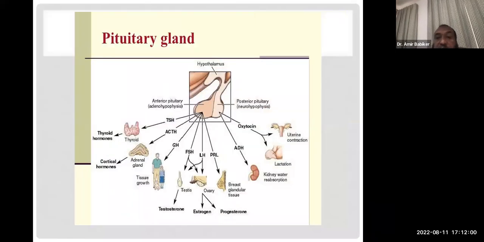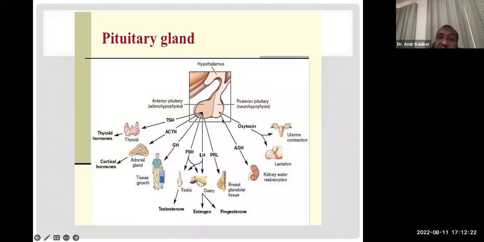There are three levels of control, or we call them axes, the plural of axis. The first level, the tertiary level, is at the level of the brain. The hypothalamus controls the pituitary gland, anterior and posterior.